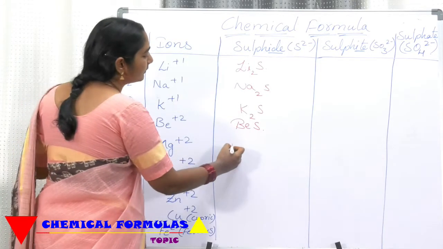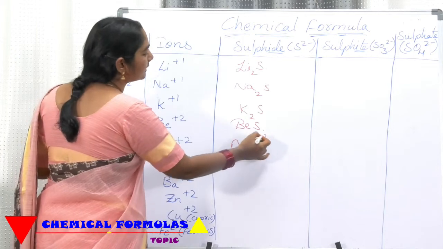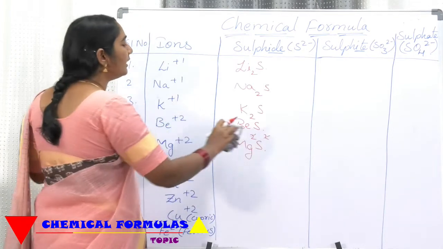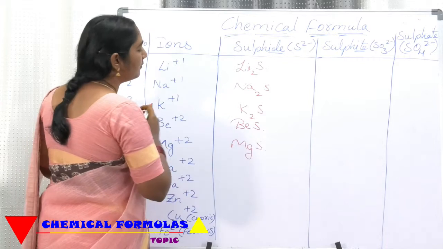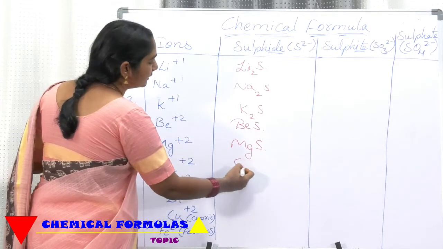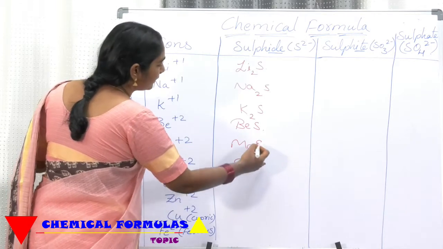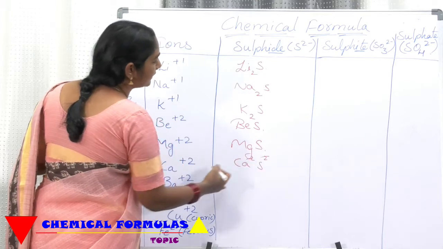Magnesium sulfide, MgS, because 2 and 2 get cancelled. Calcium sulfide, Ca2 plus, the 2 gets cancelled.